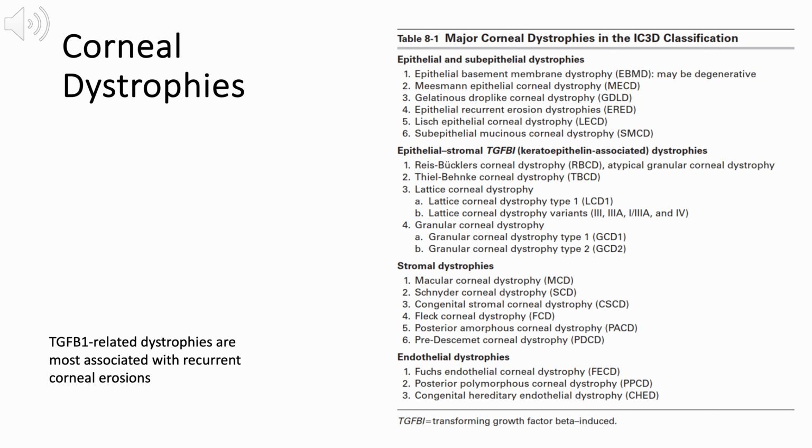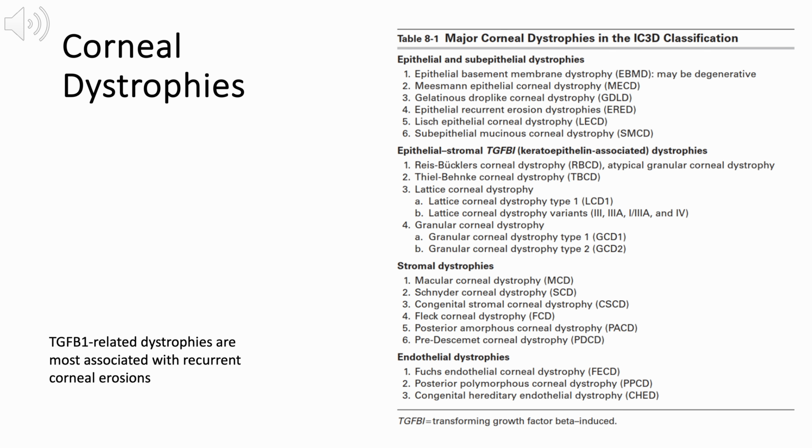We'll start with the epithelial and subepithelial dystrophies. These include epithelial basement membrane dystrophy, which may also have degenerative features, Meesmann epithelial corneal dystrophy, gelatinous drop-like corneal dystrophy, epithelial recurrent erosion dystrophies, Lisch epithelial corneal dystrophy, and subepithelial mucinous corneal dystrophy.